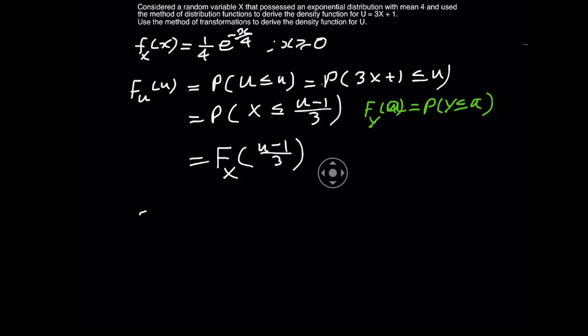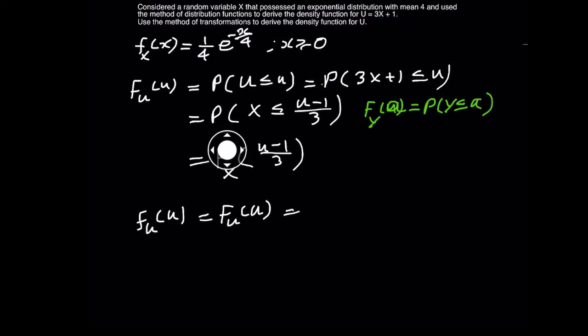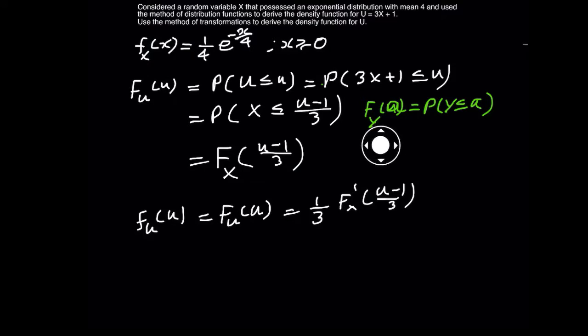Now we find the f, simply f_U(u), the PDF of U. This equals the derivative of capital F_U, the CDF. So according to this relationship, what is the derivative of this? It is 1/3 F prime_X of (u minus 1) over 3. So capital F prime gives us 1/3 simple f_X of (u minus 1)/3.